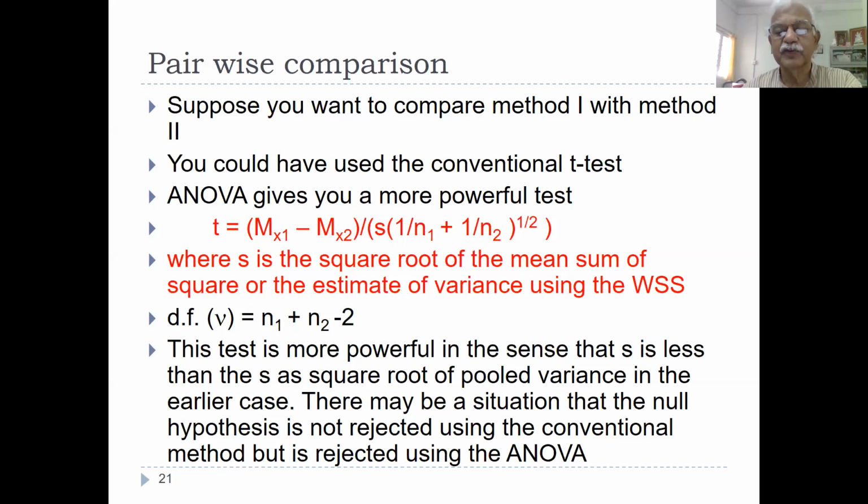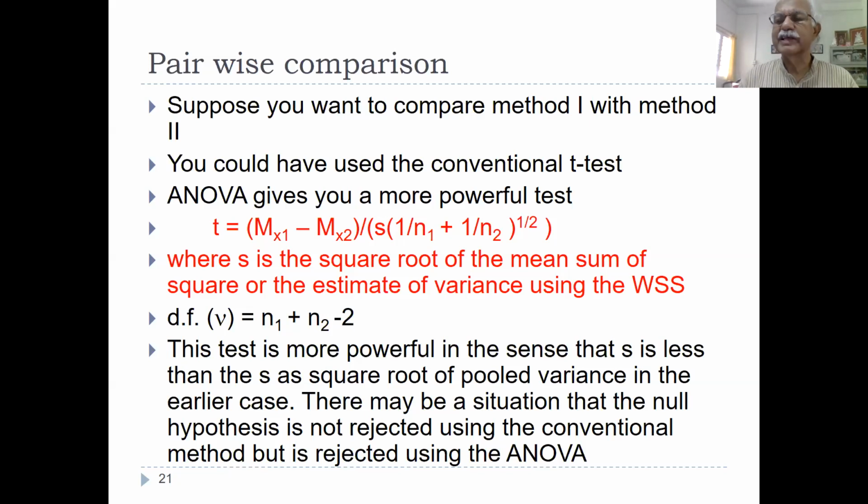This test is more powerful in the sense that S is less than S as square root of pooled variance in the earlier case. There may be a situation that the null hypothesis is not rejected using the conventional method, but is rejected using ANOVA, because your denominator in this case would be smaller. As a matter of fact, if you go for two-way ANOVA, three-way ANOVA, four-way ANOVA, your sum of square which can be attributed to error will keep on decreasing, because you are accounting for variation due to different factors explicitly.